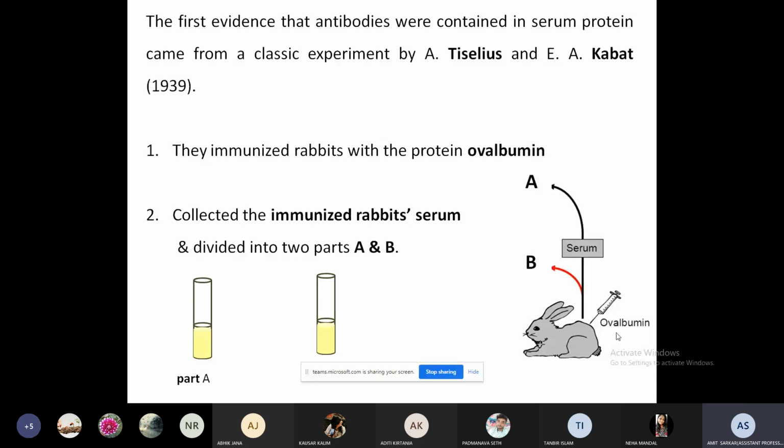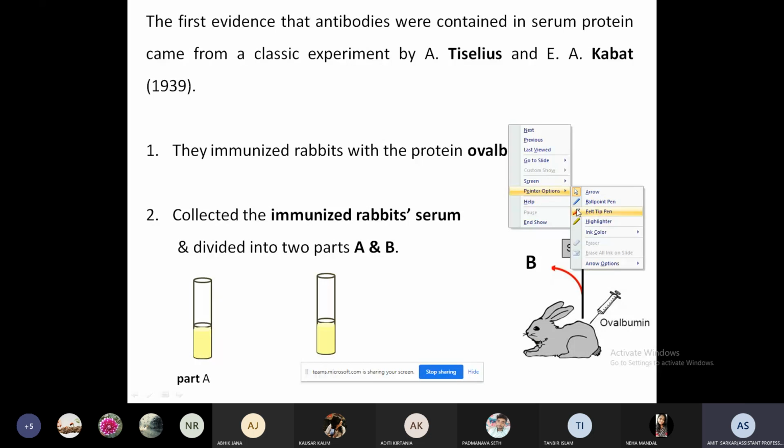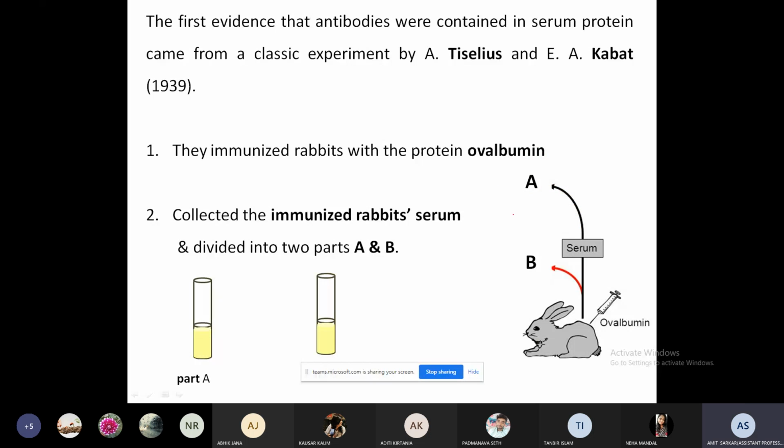That was a very classic experiment done in 1939 by two scientists, Tiselius and Kabat. Okay, what did they do? Now you have, I hope, a basic idea, but still you'll be able to understand the thing. First, they took a protein known as ovalbumin. Ovalbumin protein is found in the egg.